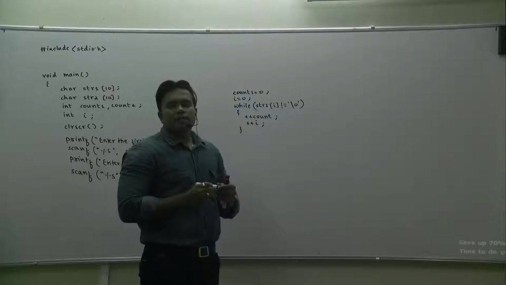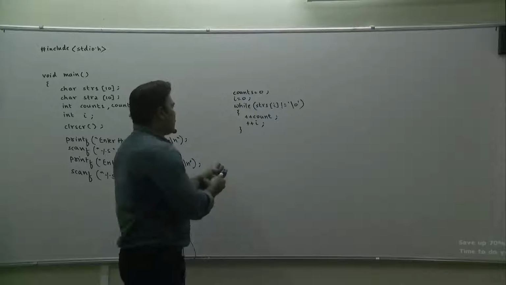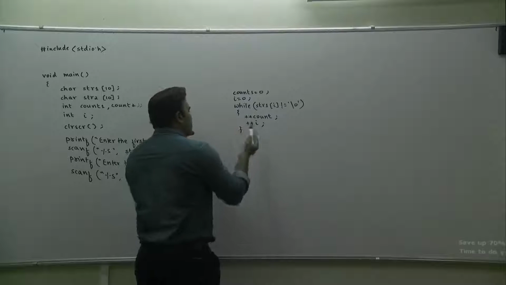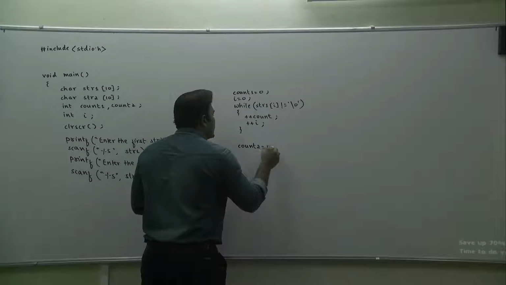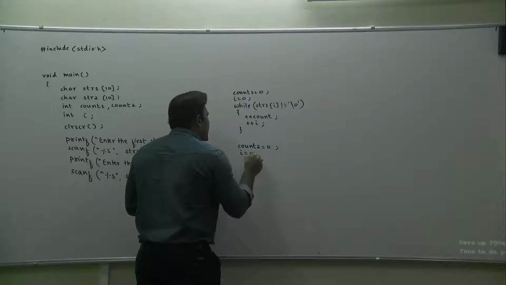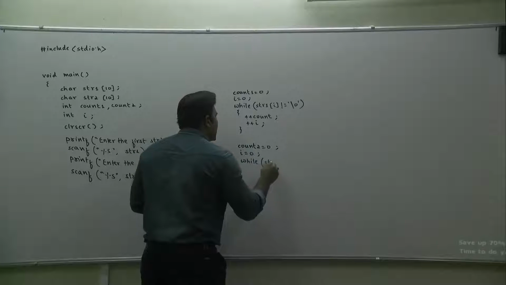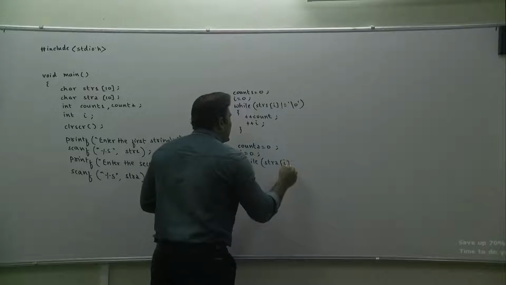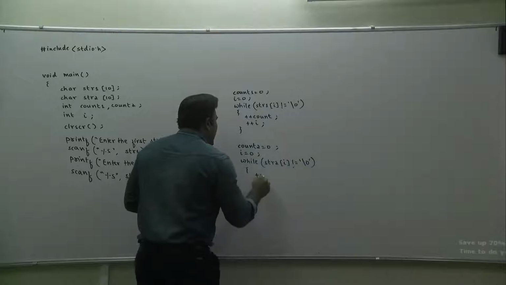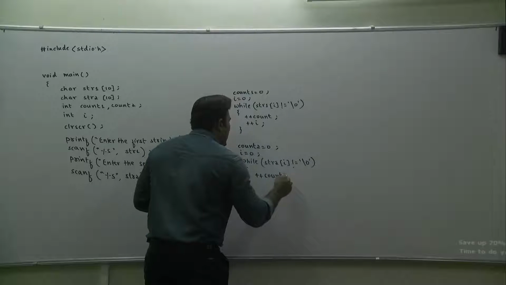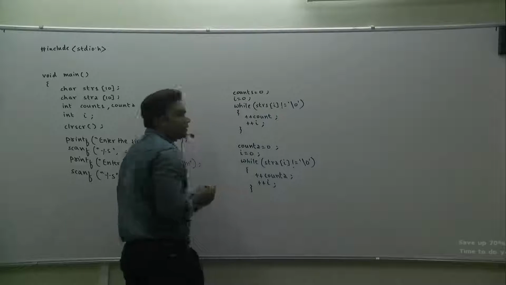Using this, I can find the count of the first string. If I have to find the count of the second string, same thing I have to do. I will initialize count2 to 0. I will again initialize i to 0, and then as long as str2 of i is not equal to null, I will increment count2 also, and I will increment i also, like this.